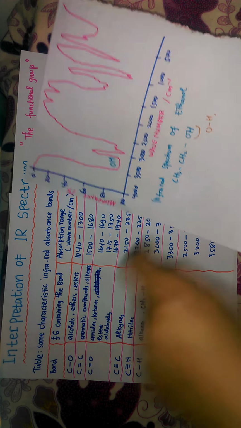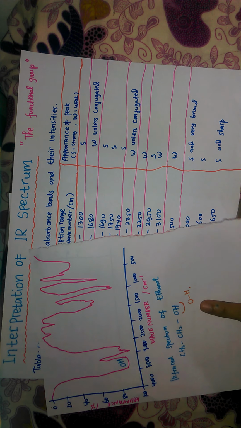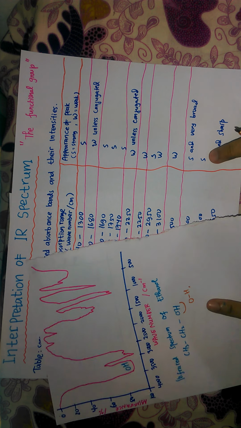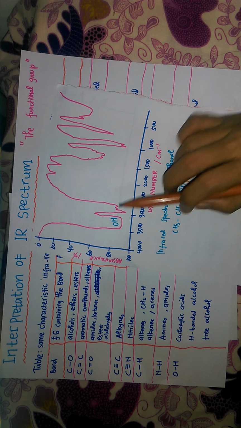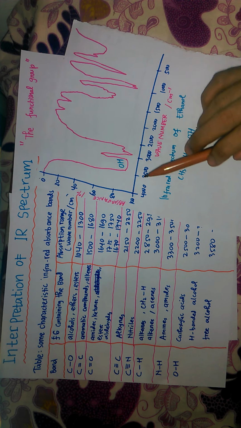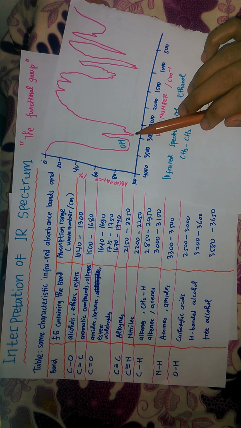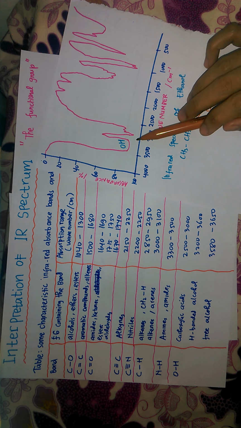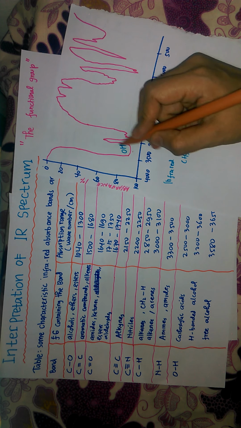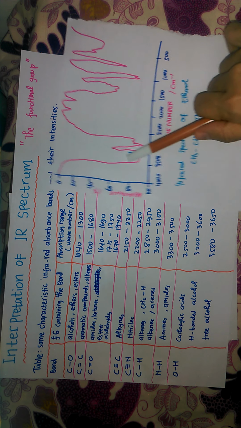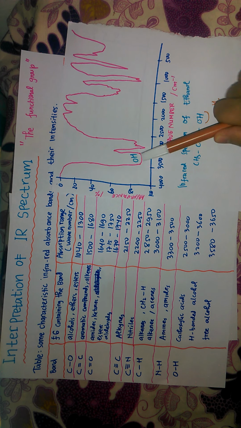So you look at here, is there any strong band? This is a strong peak. So yes, there is a band between this range, 3,200 until 3,600. When you see this band, we call it the OH functional group.